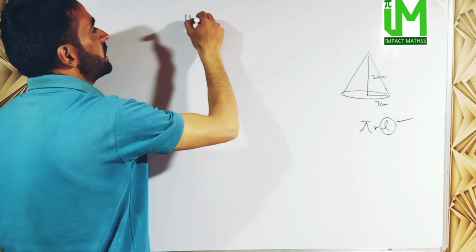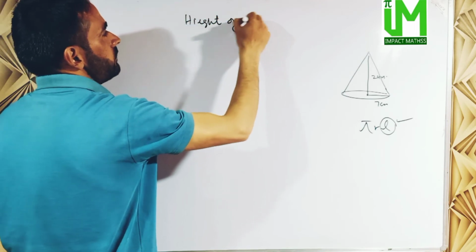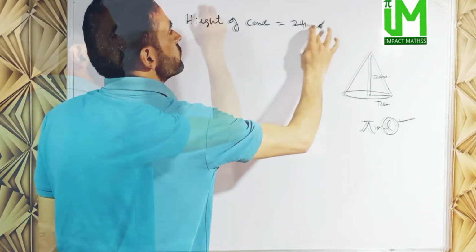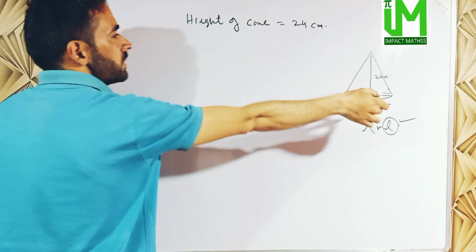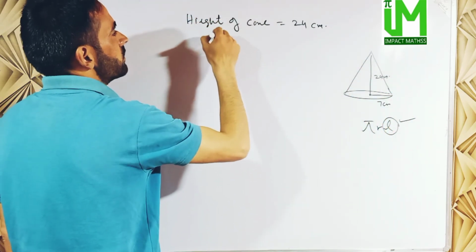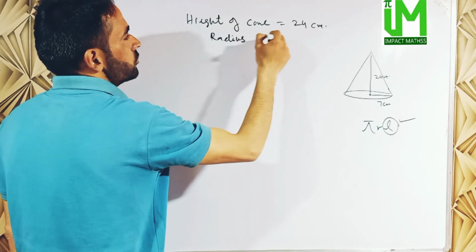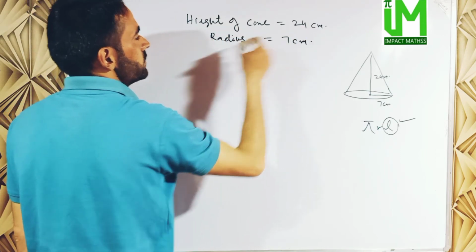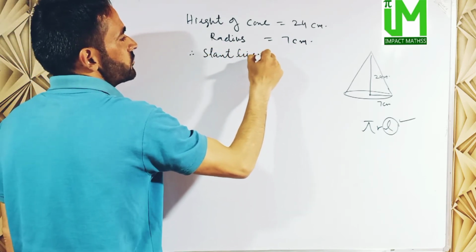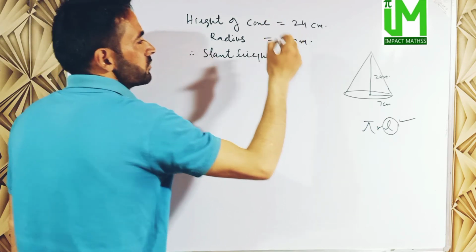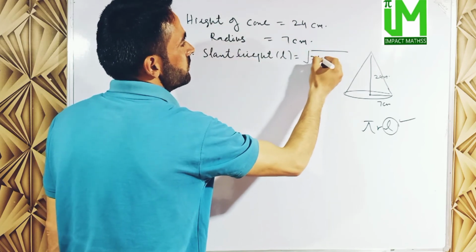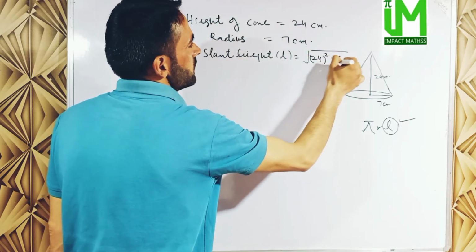So we have the height of the cone as 24 centimeter, and the radius is given to be 7 centimeter. So therefore the slant height, if denoted by l, will be under root of h square plus r square, that is 24 square plus 7 square.